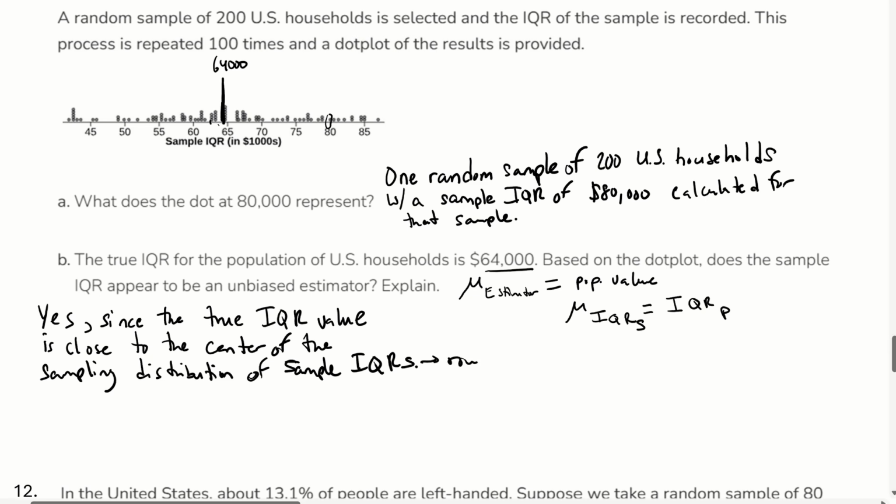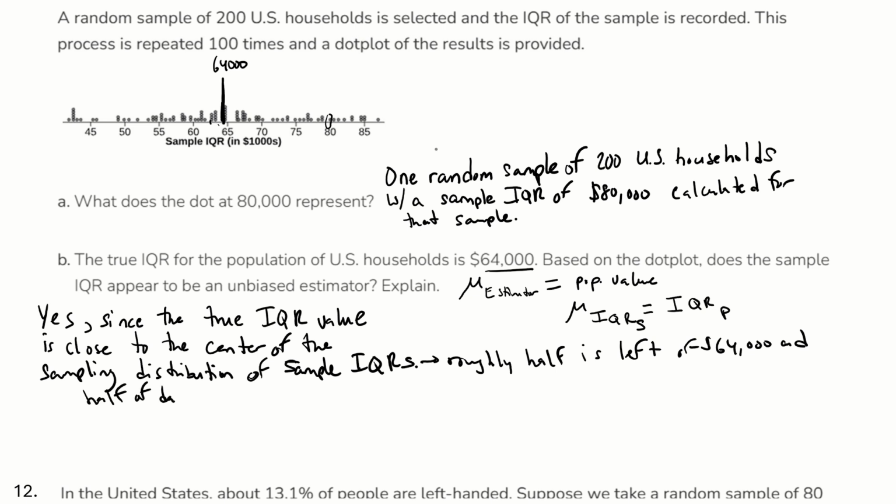We can say roughly half is to the left of $64,000 and half of the data to the right.